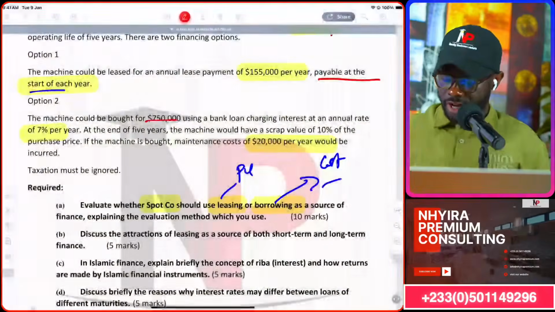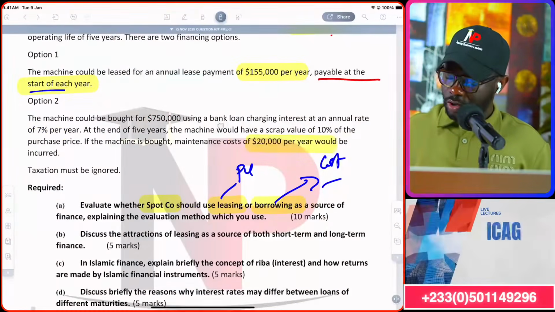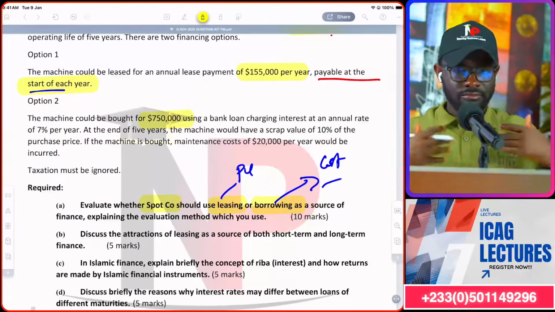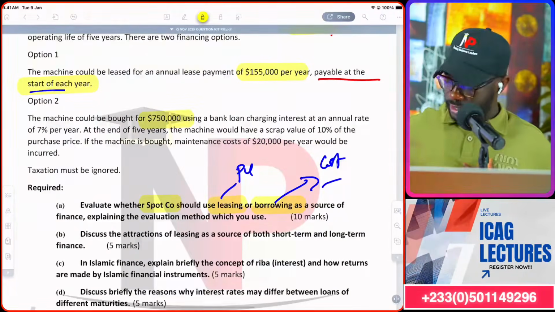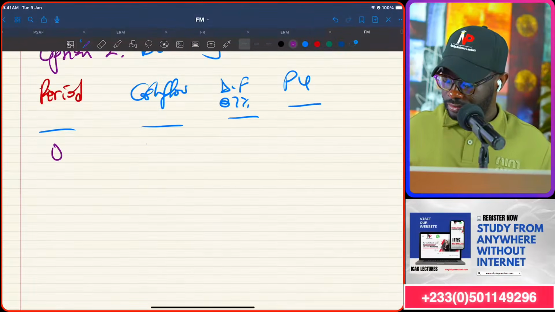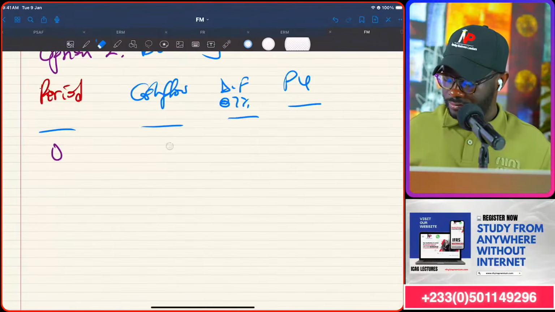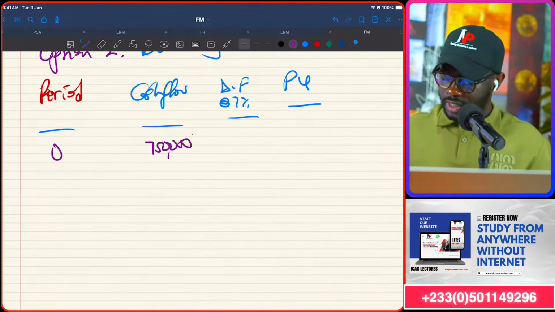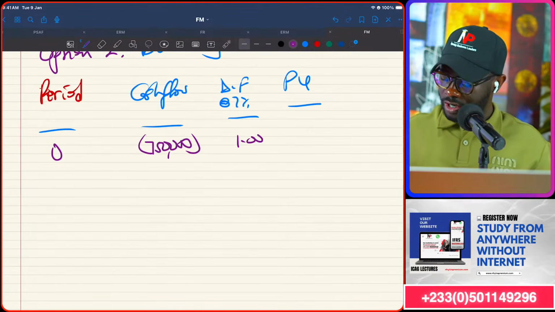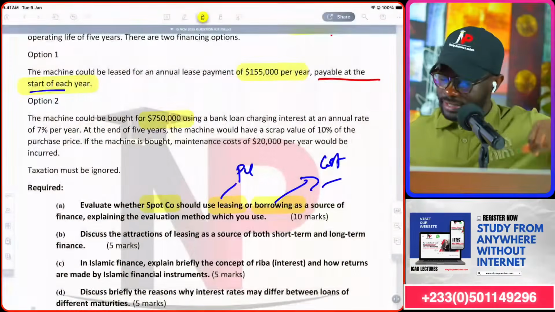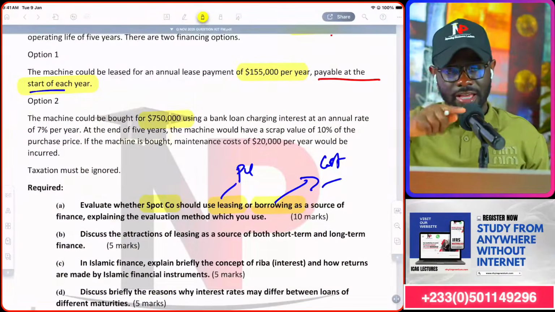So what's the story? It says the machine could be bought for 750,000. That will be now, right? So year 0, 750,000. That's an outflow for us, 1.00, 750,000. Then it says if we buy it, the interest rate is at 7%.